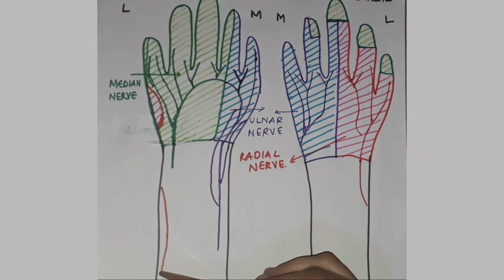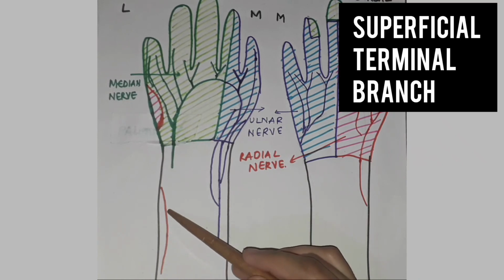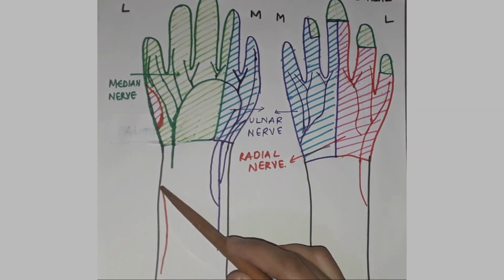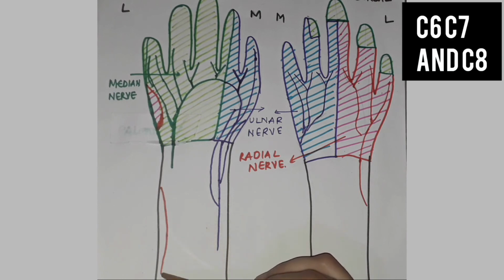This red color nerve represents the superficial terminal branch of the radial nerve. It has a root value of C6, C7 and C8.